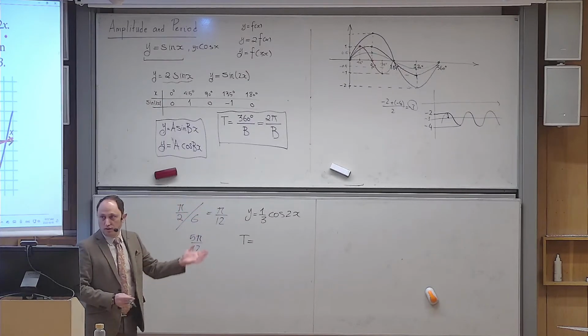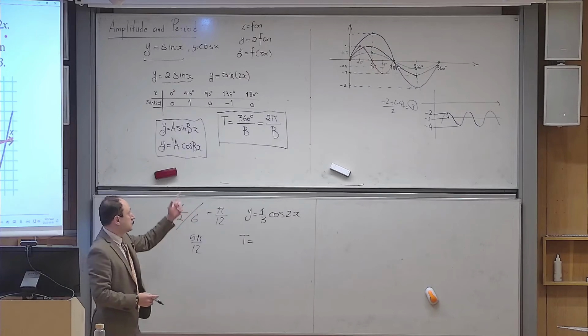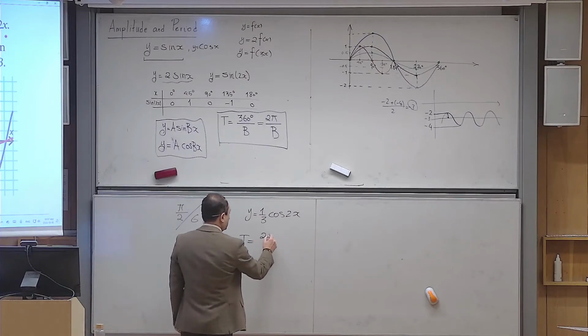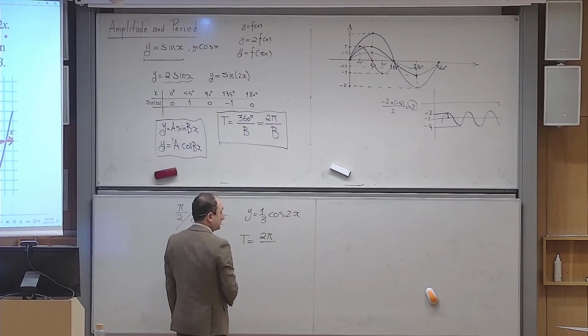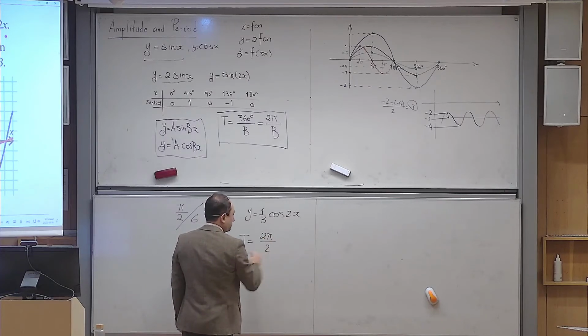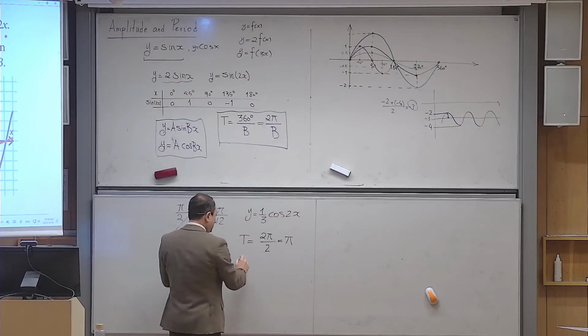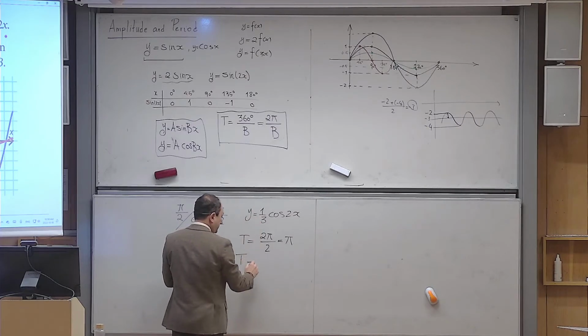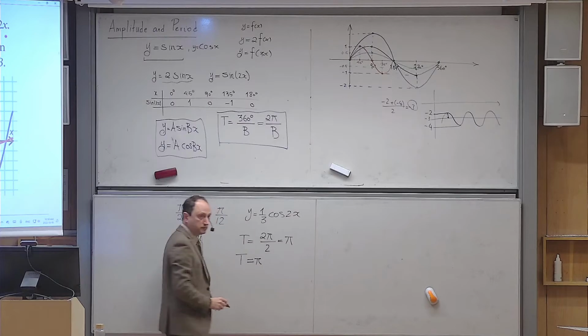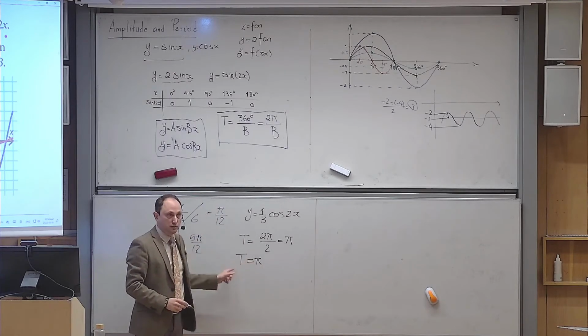It is not mentioned here, so let us work with radians, okay? So I would write 2 pi over 2. So this is pi. So I understand that the period of the red curve is pi. This is the total period, okay?